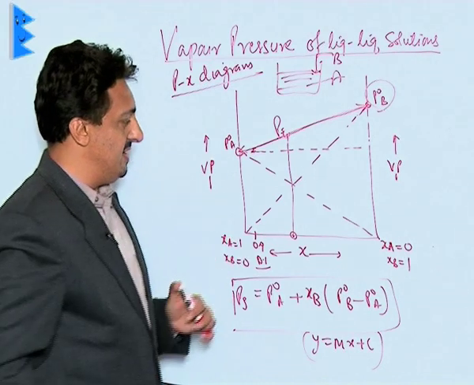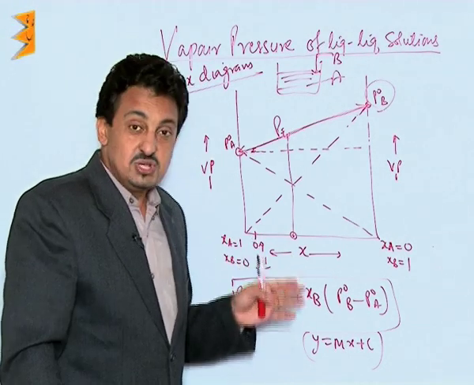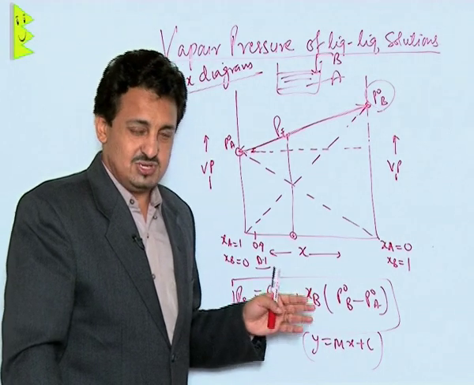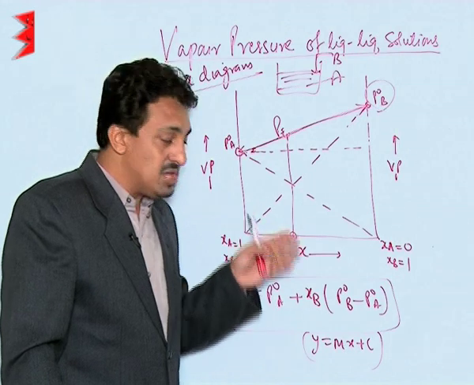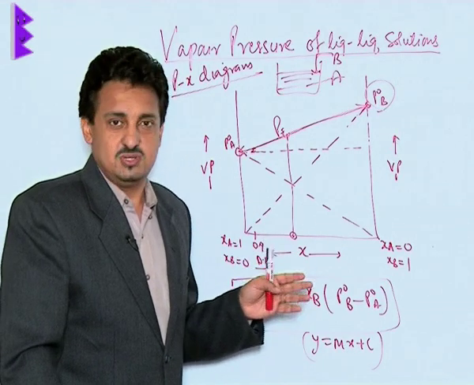So this is your PX diagram, and all those solutions in which the PX diagram comes out like this are called ideal solutions.